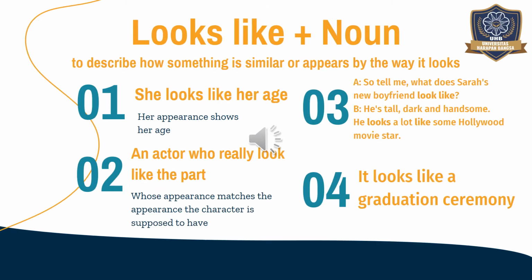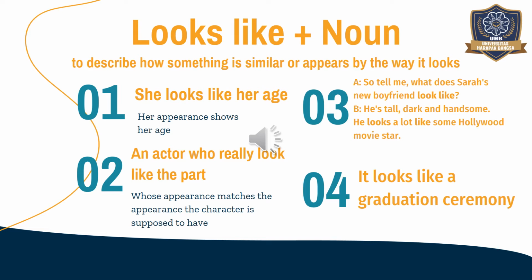The second topic is looks like, followed by a noun. When you pair the words, it means you want to describe how something is similar or appears by the way it looks. Here are example sentences.